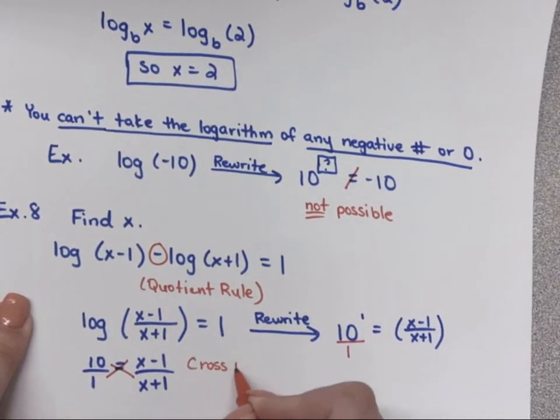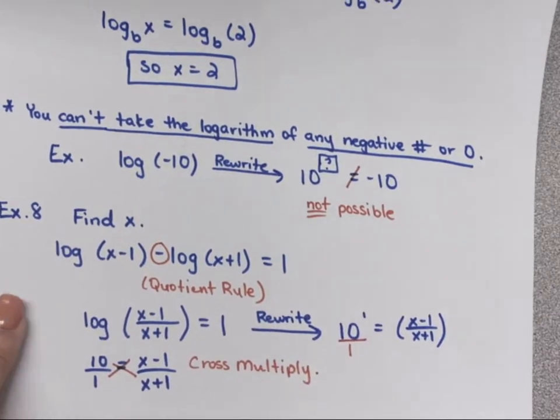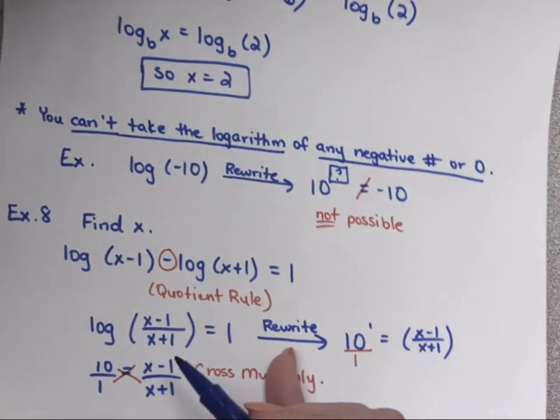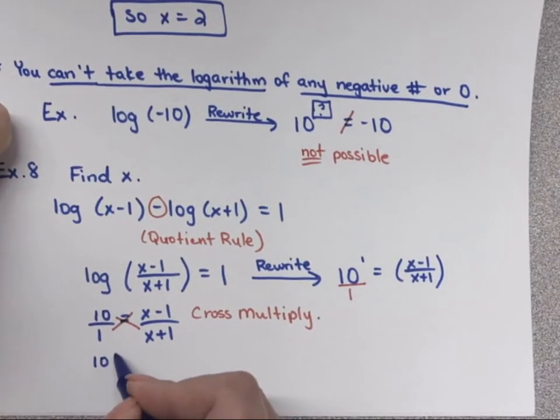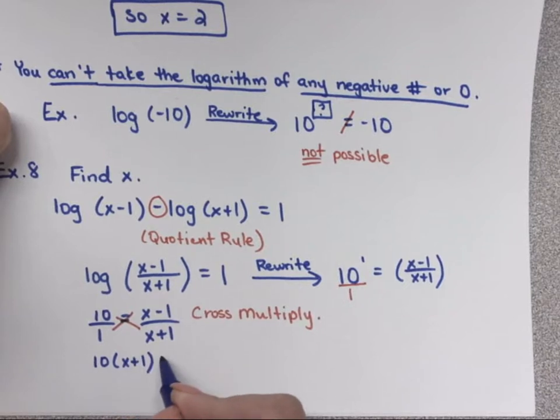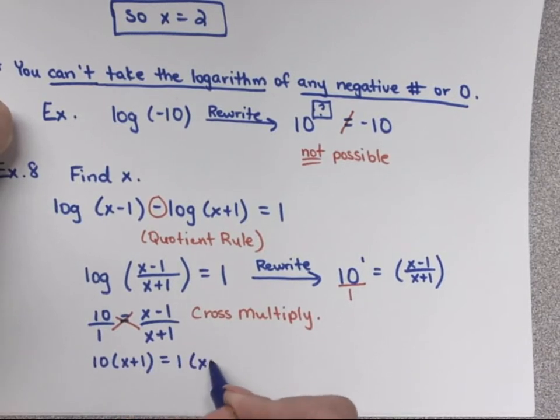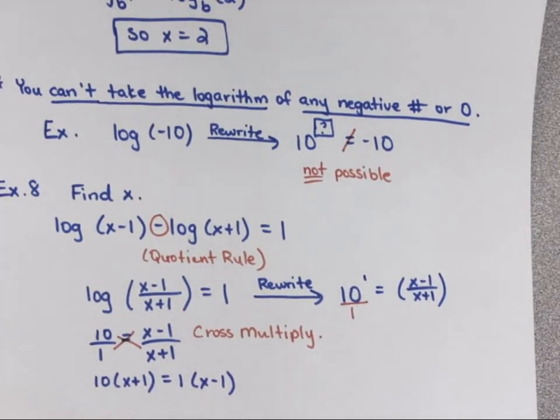If you weren't sure about that, anytime you have one fraction equal to the other, you're allowed to cross multiply and set those products equal to each other. So in other words, this is what you're going to get. You're going to get 10 times the x plus 1 denominator equals 1 times the x minus 1 numerator. Notice I literally cross multiplied and set them equal to each other.